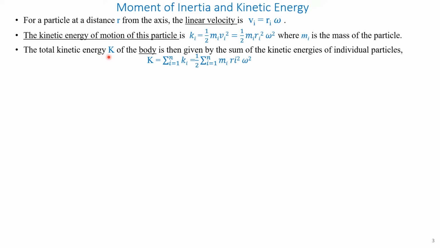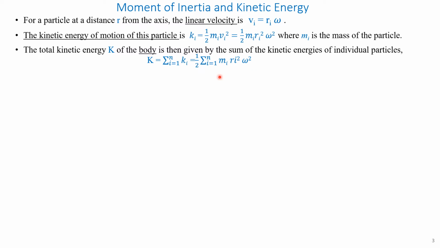The total kinetic energy, capital K, of the body is then given by the sum of kinetic energies of all the individual particles. Therefore, applying the summation relations, we get K = sigma i = 1 to n of Ki, which is equal to half sigma i = 1 to n of mi ri square omega square.